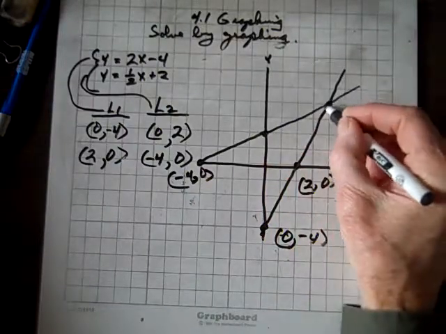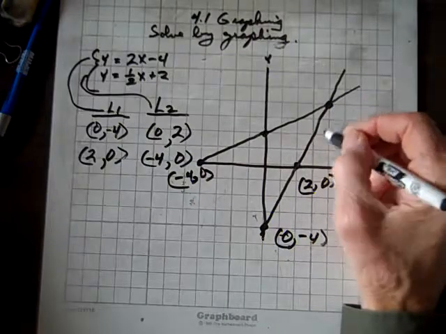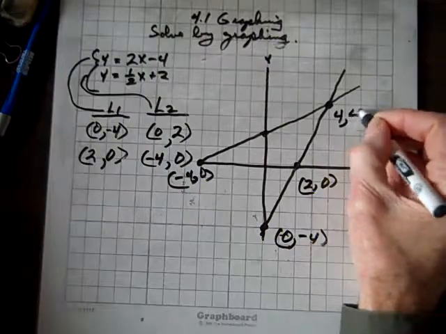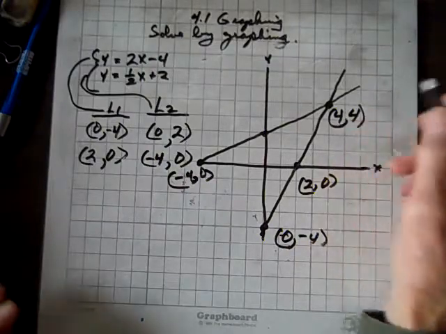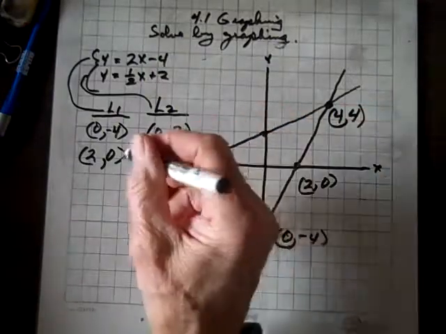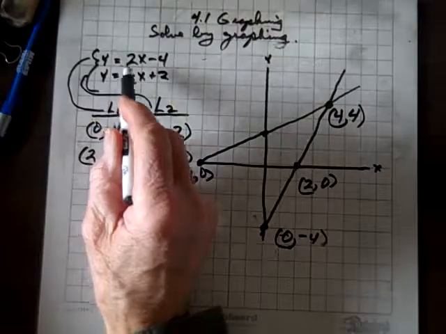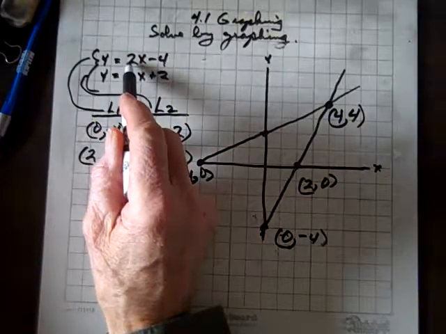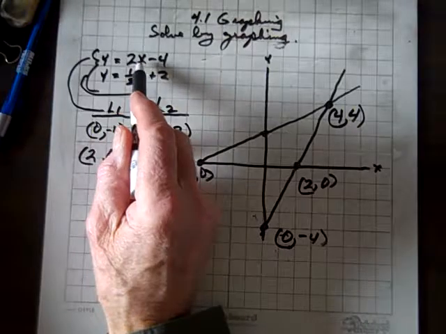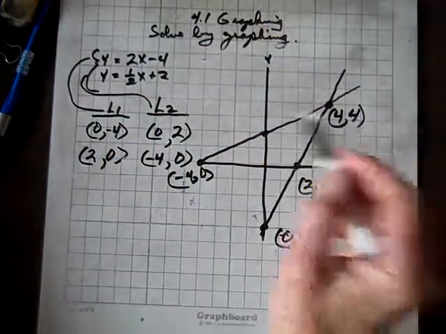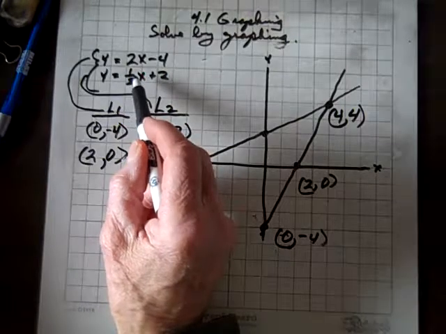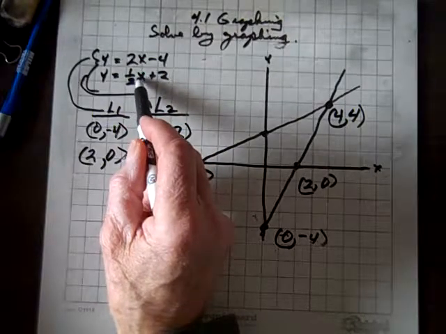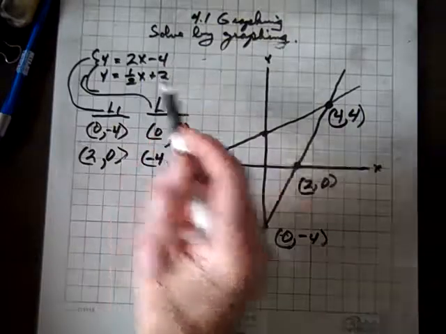And where does it wind up? At the point 4, 4. So that's, by graphing, what the solution is. Let's make sure that's true. If we take the first equation, 2x minus 4, and replace x with 4, we get 2 times 4 is 8, minus 4 is 4. Hey, it worked. Let's try the second equation: 1/2 of 4 is 2, and 2 plus 2 is 4.